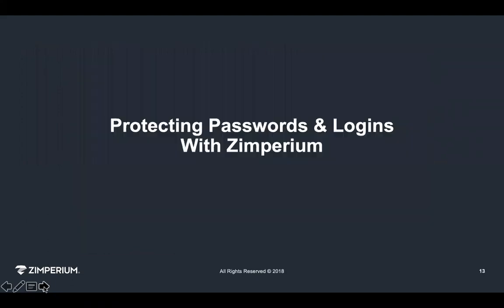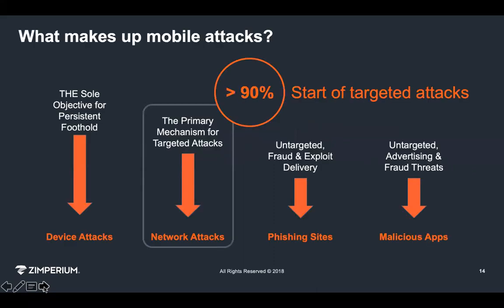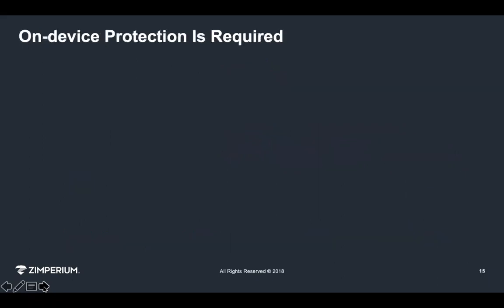So what do we do to actually protect on this? The key part was actually explaining the threat, not to hammer you guys with a bunch of product, but it is useful to understand how you would actually protect it with Zimperium. Coming back to this, redundancy, 90% of the attacks start on the network, and the sole objective is to remain persistent, elevate privileges, and compromise the device, like we just got finished showing you.